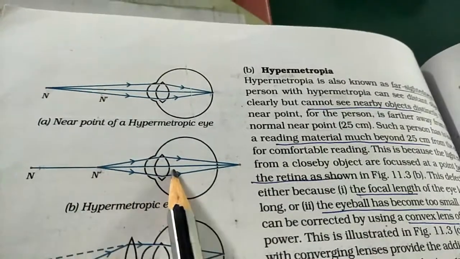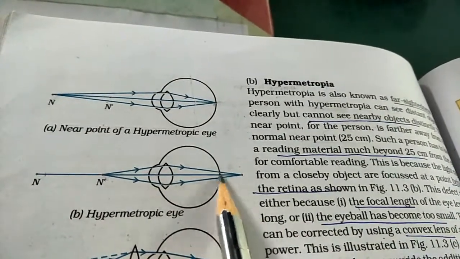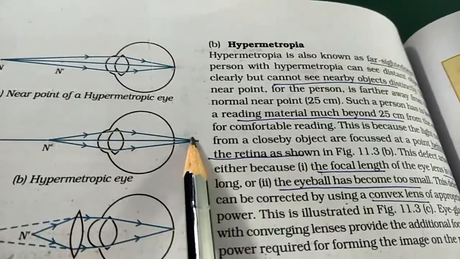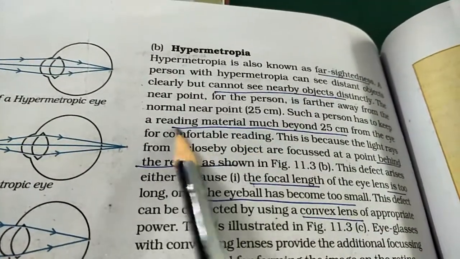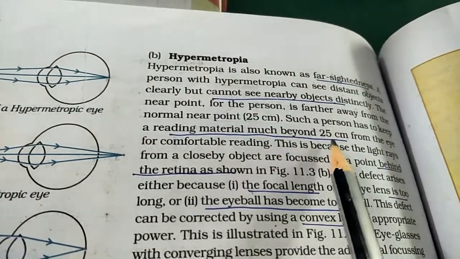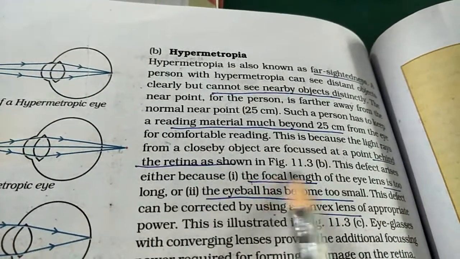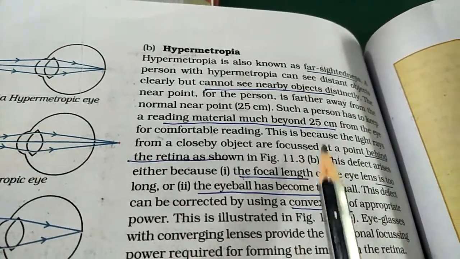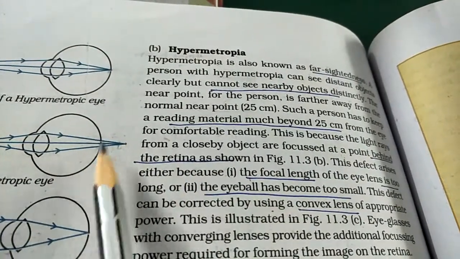As we go near the eye, the image is formed behind the retina. Here it is focused behind the retina. So reading material which is beyond 25 centimeters is comfortable, but as it comes near the eye, the retina does not get the image formed on it.